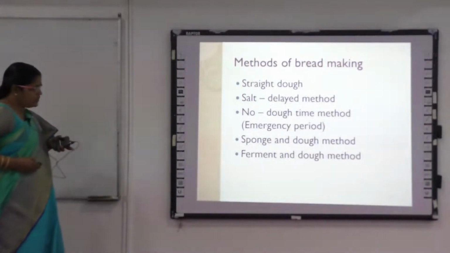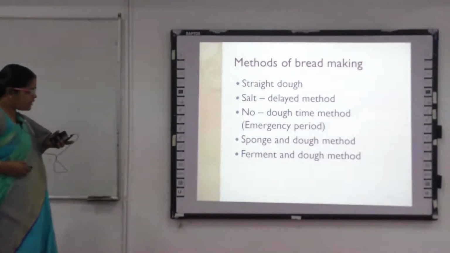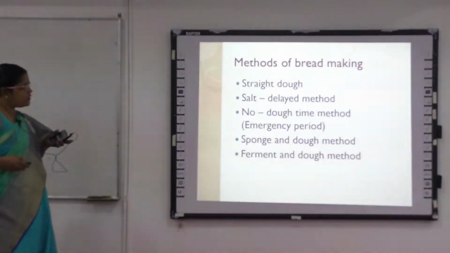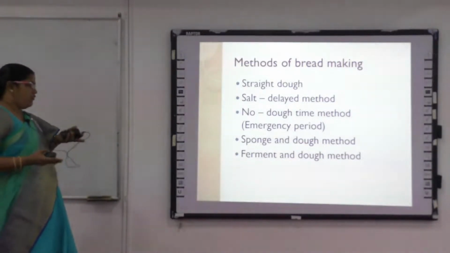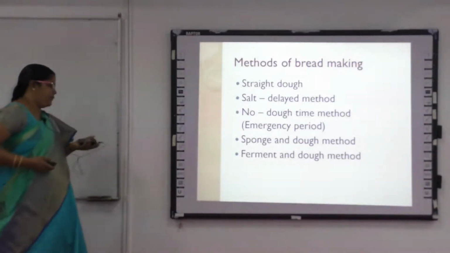That is the sponge and dough method. Then it goes to the next steps like dividing, molding, proofing, panning, then baking, cooling, slicing and packing.